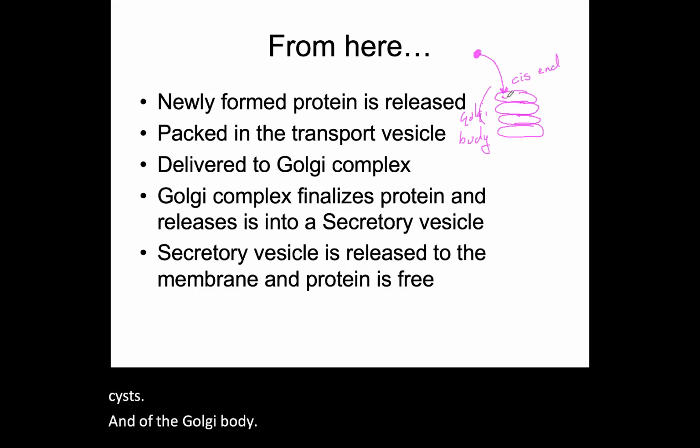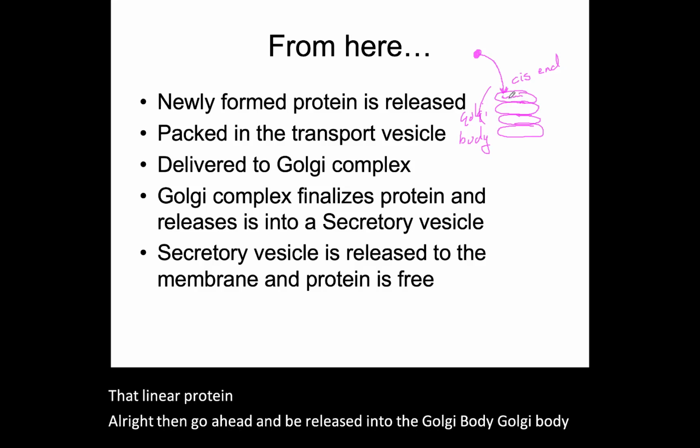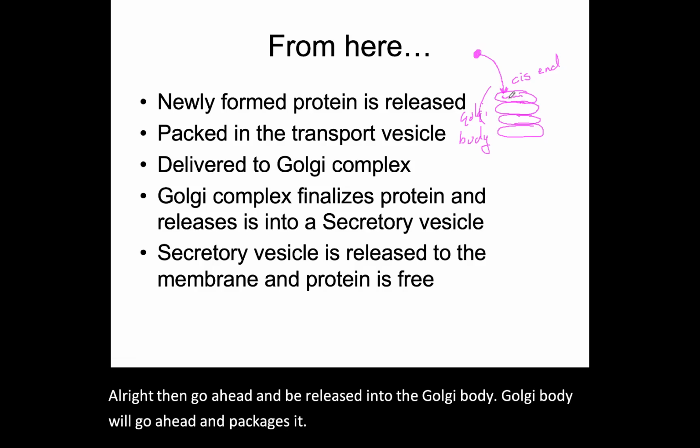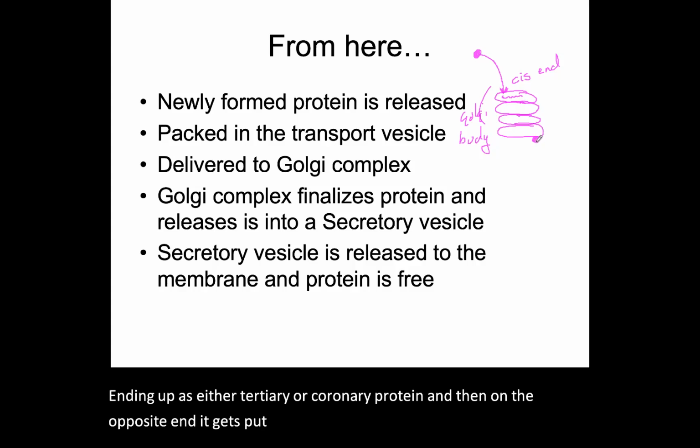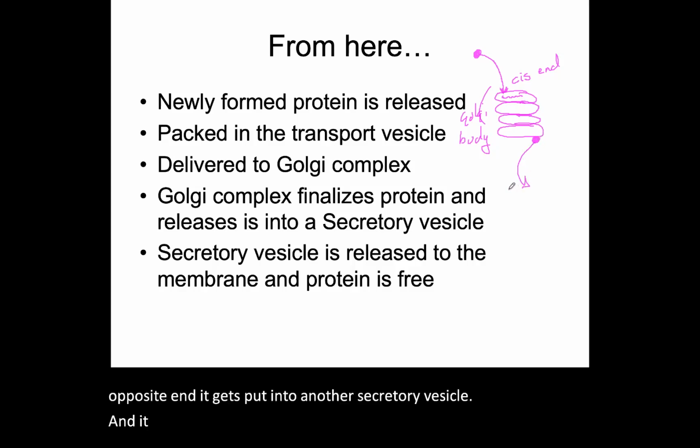That linear protein, all right, will then be released into the Golgi body. The Golgi body packages it, ending up as either a tertiary or quaternary protein. And then on the opposite end, it gets put into another secretory vesicle, and it gets sent to wherever it needs to go, whether it's in the cell or the body or some other organ or tissue.